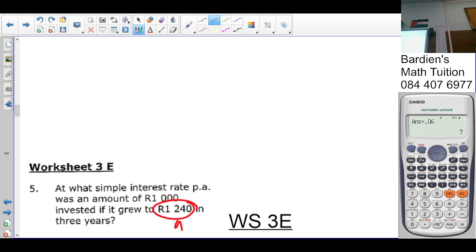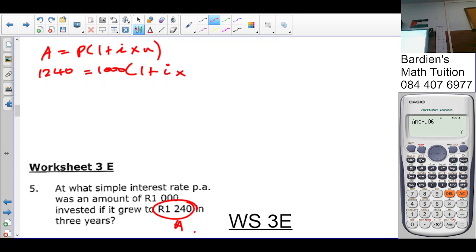This is your A value. So which formula do I use? A is equal to P into 1 plus i times n. So your A value is 1,240 Rand equals P, which is 1,000 Rand, into 1 plus i, times n, which is 3 years.